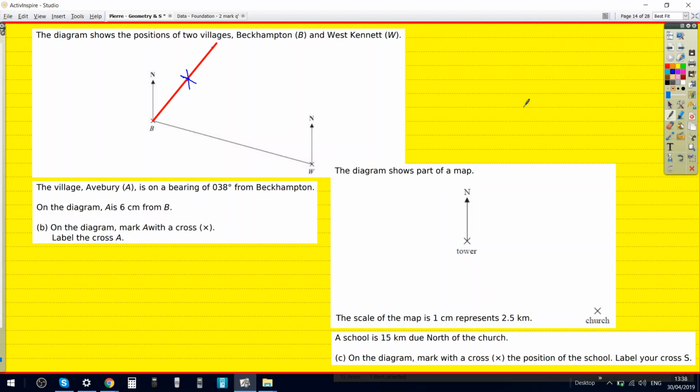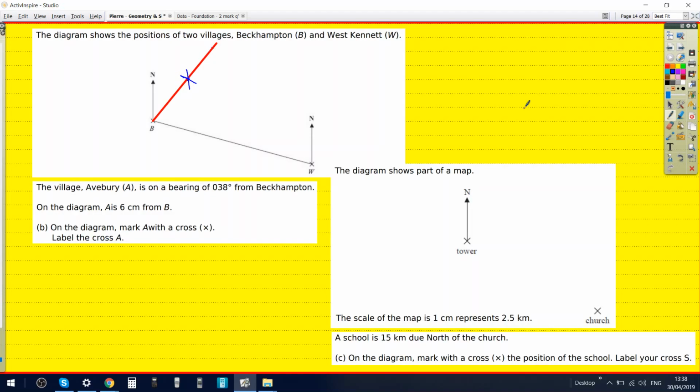How about this one down here? Okay, scale. 1 centimeter represents 2.5 kilometers. The school is 15 kilometers due north of the church. 15 kilometers of the church.